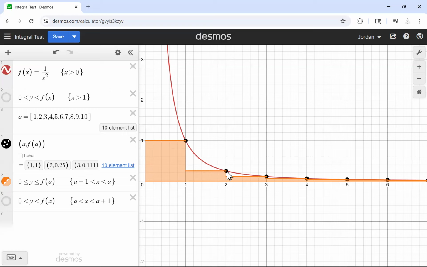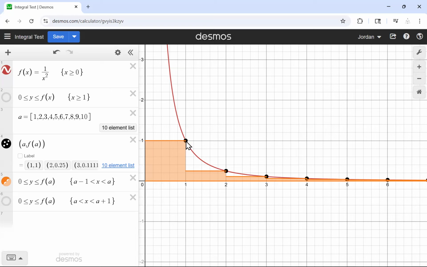So height is the y value, and the width is always 1. So that means the area of each of these rectangles is the same as the height of the point.